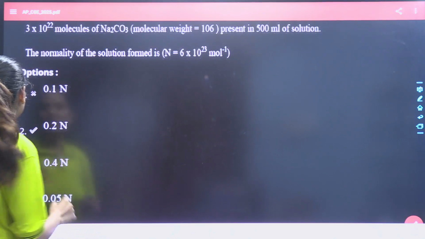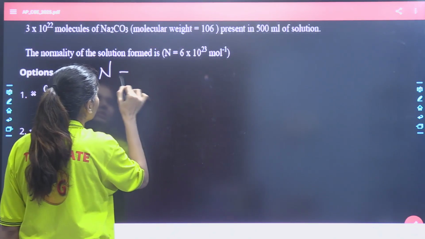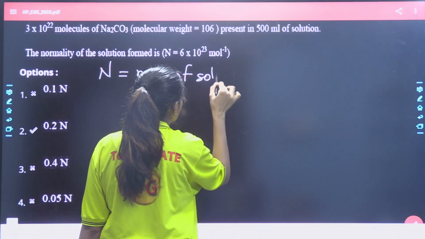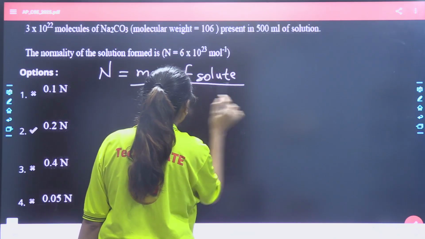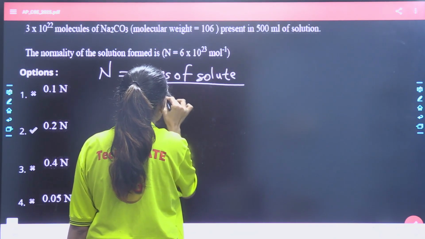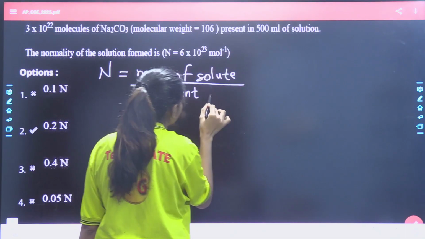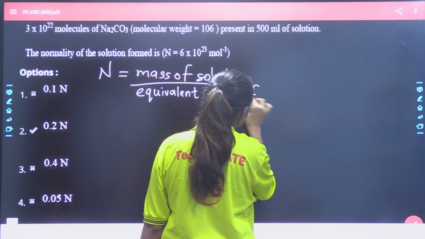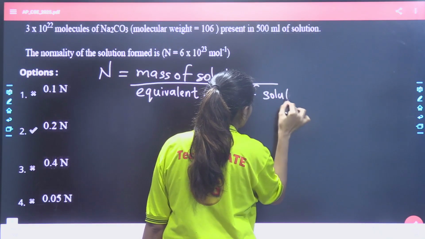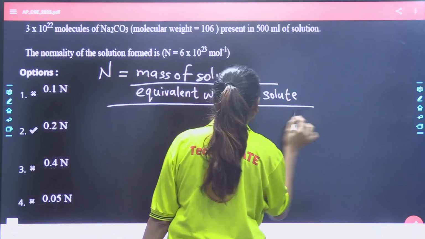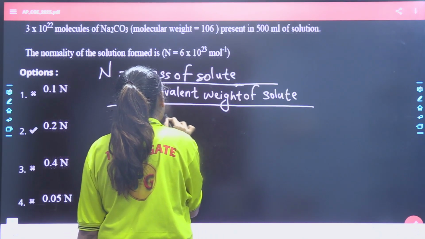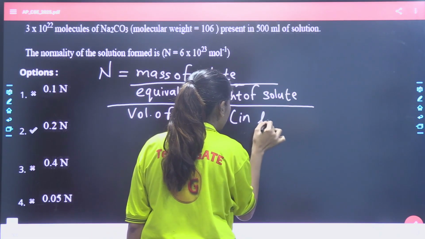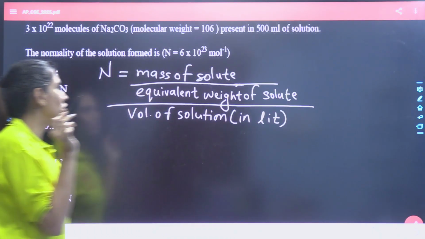Now here everything is erased, so let's write again. Normality is the mass of solute divided by equivalent weight of solute, and this whole is divided by the volume of solution in liters.